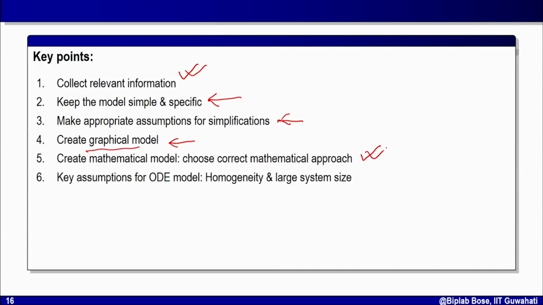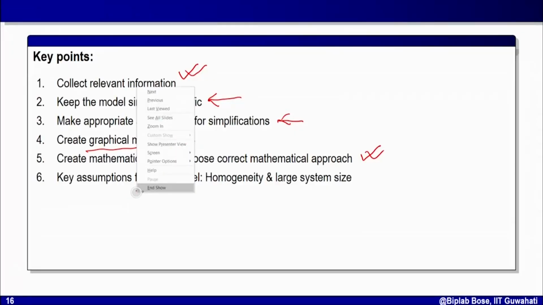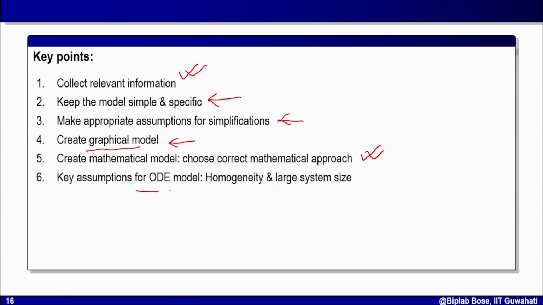A mathematical model is nothing but a set of equations representing the processes. In this course, we will write ordinary differential equations to represent each of the processes. And remember, an ODE represents the rate of a particular process. When I have to make an ODE-based model, I have certain key assumptions.